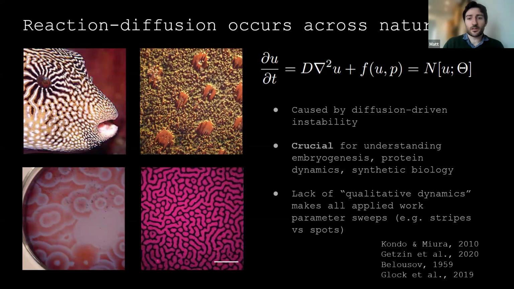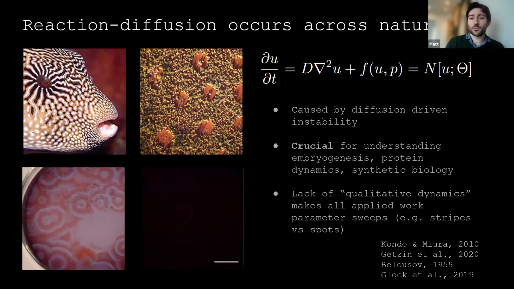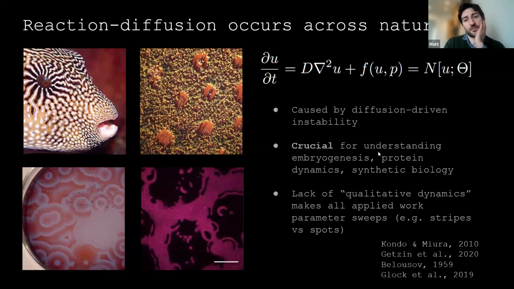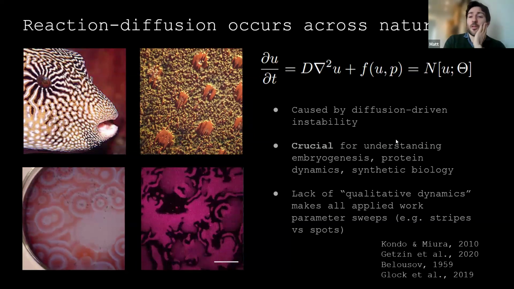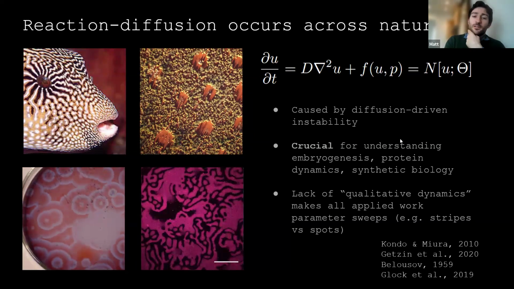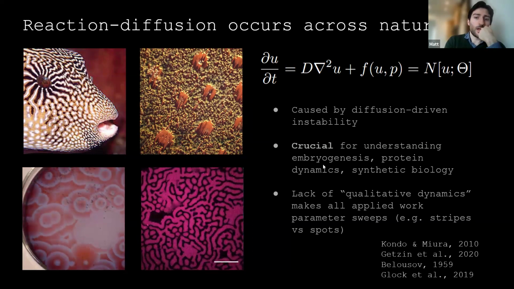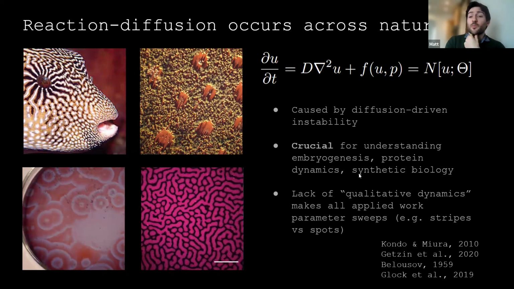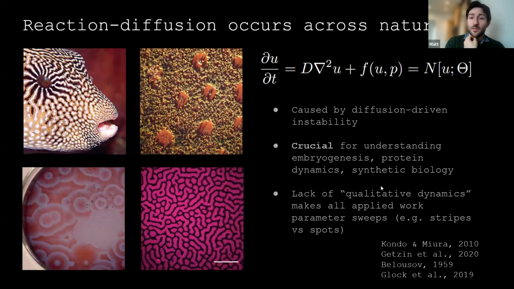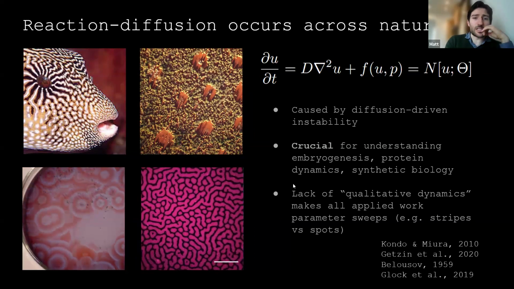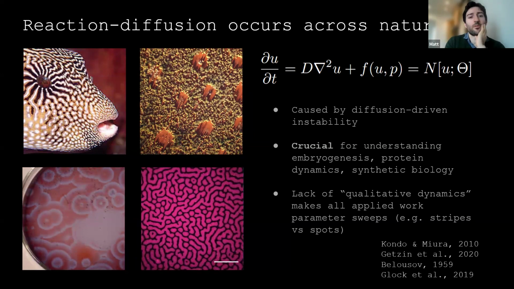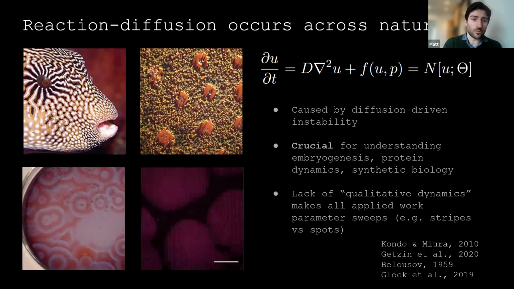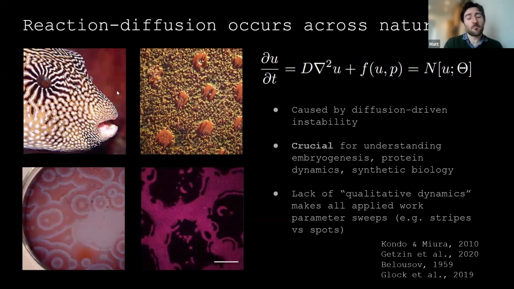It's not just theoretically interesting, it's also crucial for applied sciences. It emerged originally from early work from the 50s on embryogenesis, the beginnings of human development, protein dynamics, which is something that I'm very interested in, and more synthetic biology, so actually building these things in the lab and manipulating them. I have a couple of examples here. We have maybe the most famous example of animal pigmentation, which is supposed to develop by similar processes.